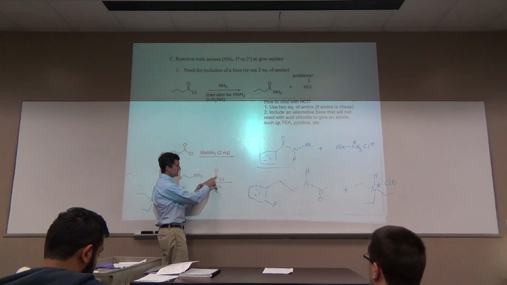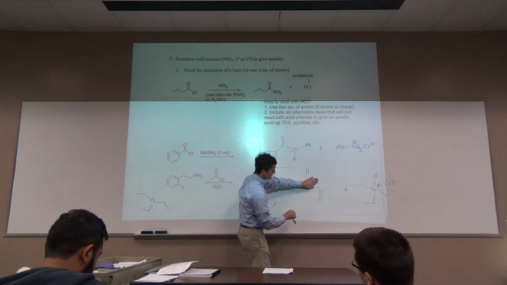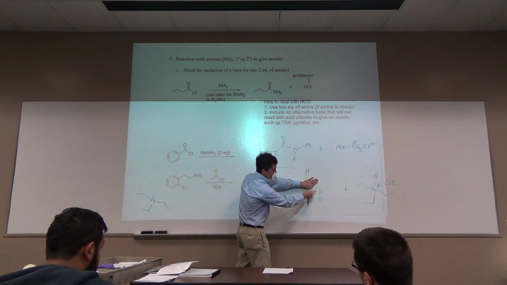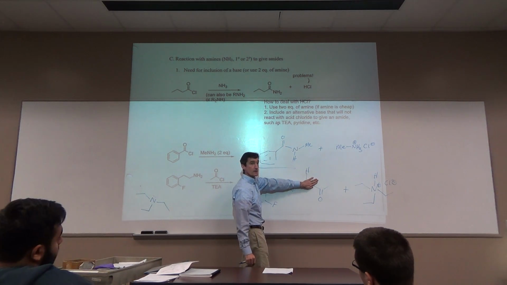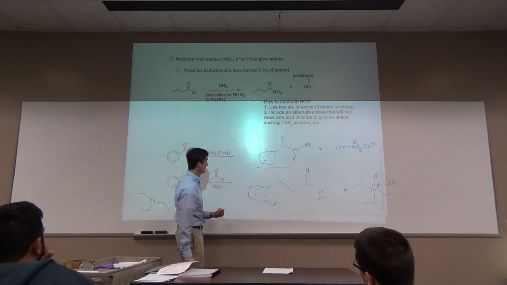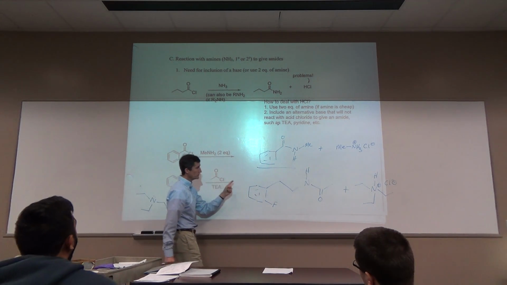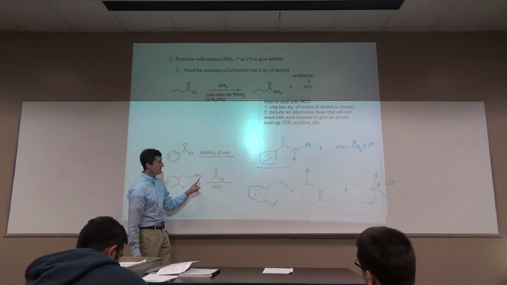Look at this acetyl group, the chlorine. There it is, under my hand, the chlorine. But no longer, because under my hand now is the nitrogen nucleophile. The nitrogen nucleophile displaced the chlorine. We lost one H, not both of them.